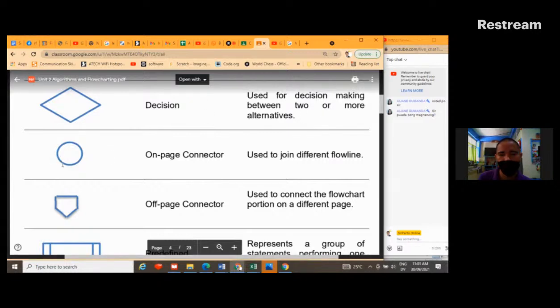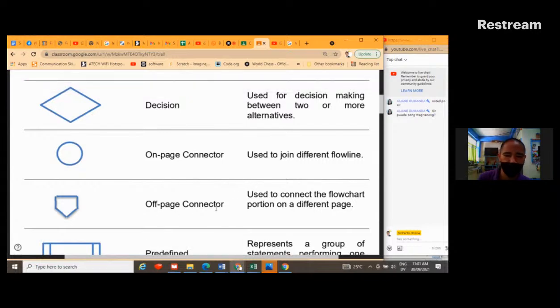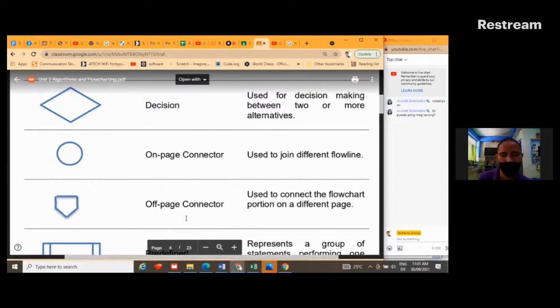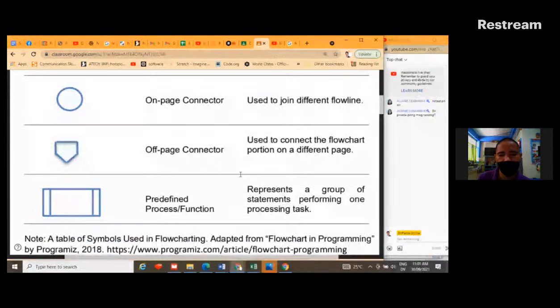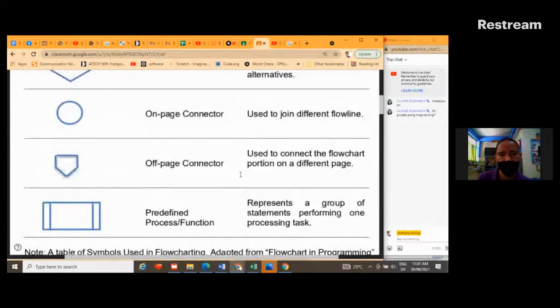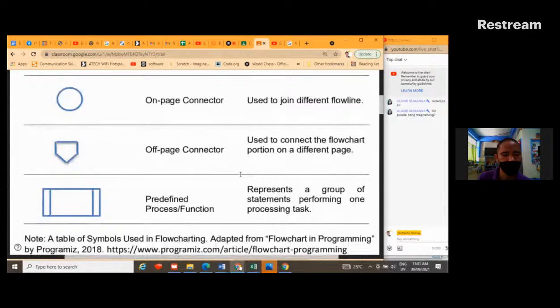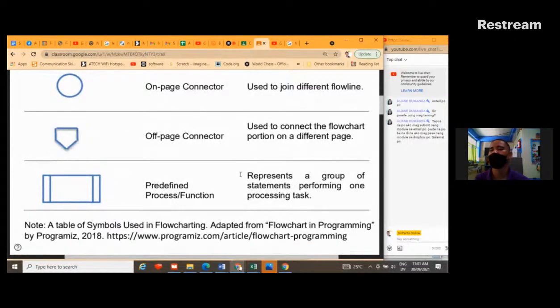You can use this one to connect on this other part of the paper. That's the on-page connector. Well, the off-page connector, let's say you have another page, you will use this one. And we have predefined process and functions. So these are the different flowchart symbols.